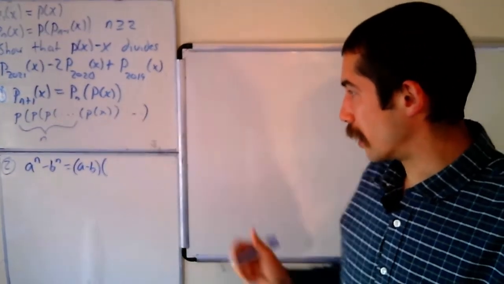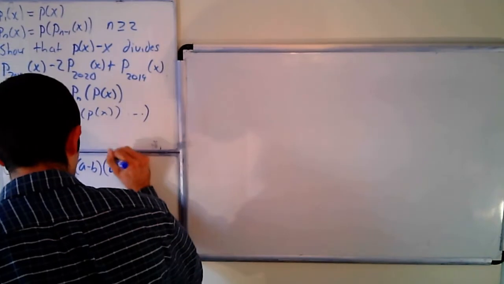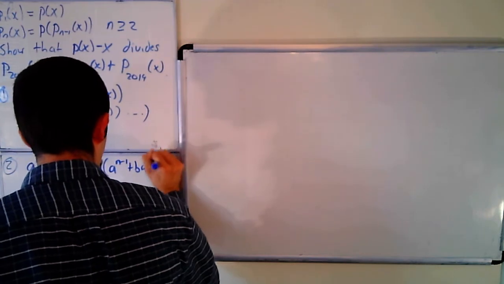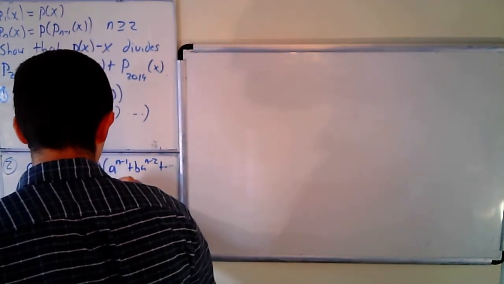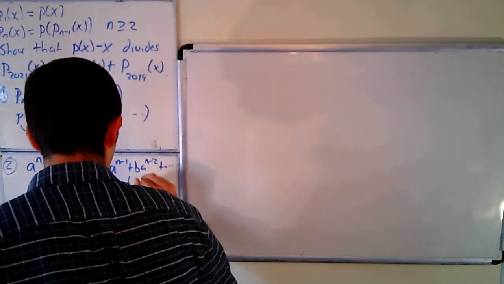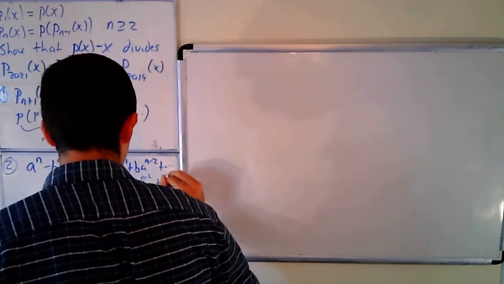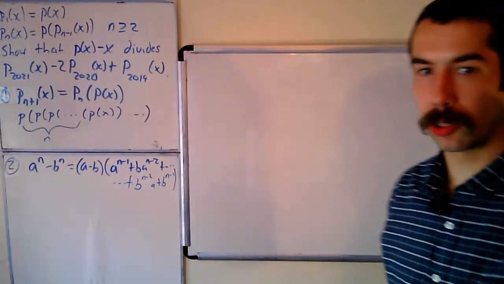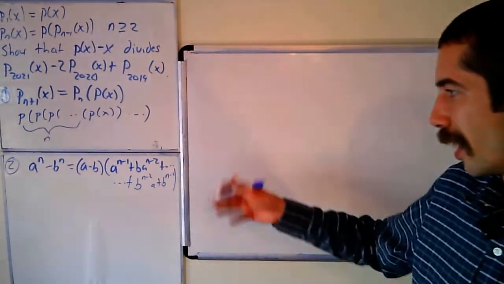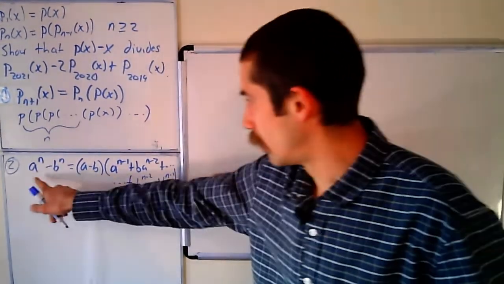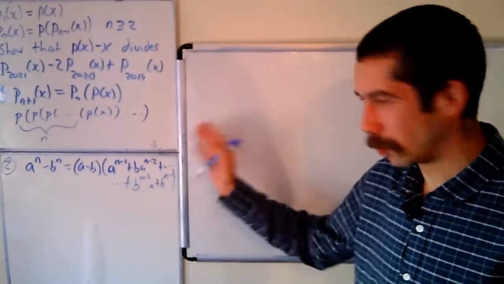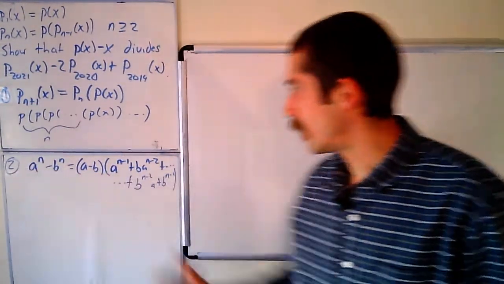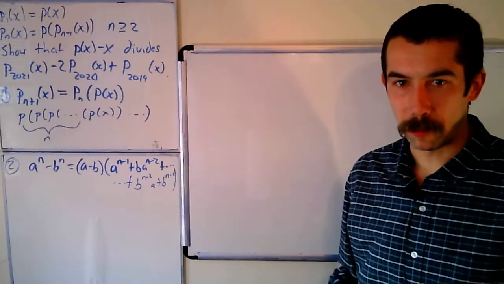We have a to the n minus 1 plus b a to the n minus 2 plus dot dot dot plus b to the n minus 2 a plus b to the n minus 1. Okay, and so that's true for n greater than or equal to 2. And then obviously when n equals 1, you'd have a minus b is equal to a minus b, and then that term would just be 1. So we'd have a special case when n equals 1. But either way, a minus b divides a to the n minus b to the n for n greater than or equal to 1.